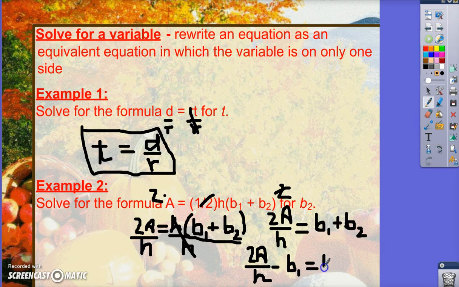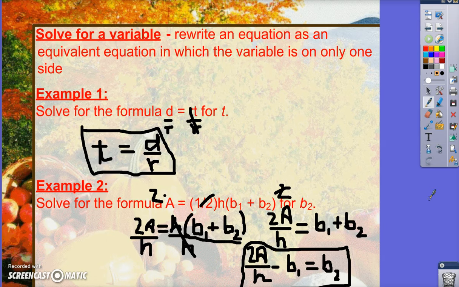And if you want to rewrite it with b2 first, that's totally fine. But for this case, I'm just going to leave it as is. So here's our answer. 2a over h minus b1 equals b2. All right, so that's a little bit more of a complicated one.